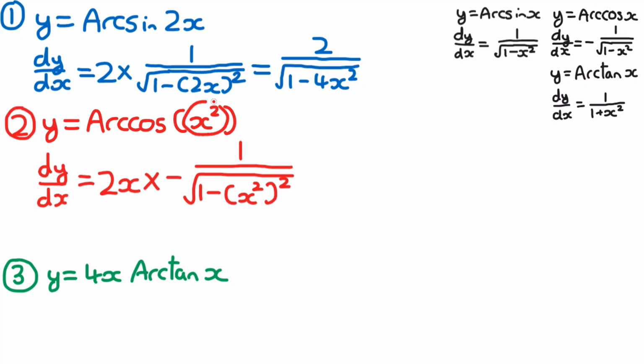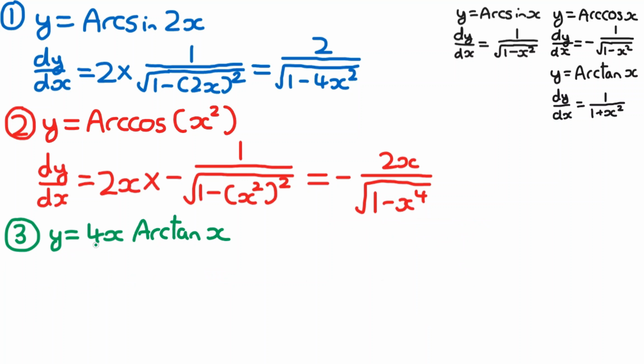But remember that when we use the chain rule and differentiate the outer function, we incorporate the inner function in this. So instead of x, it's going to be the x squared here instead. And we can simplify this, where the 2x is going to go into the numerator, and then x squared squared is going to be x to the power of 4. So dy over dx is going to be this here.